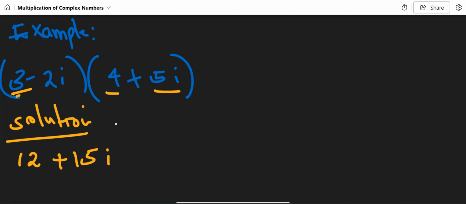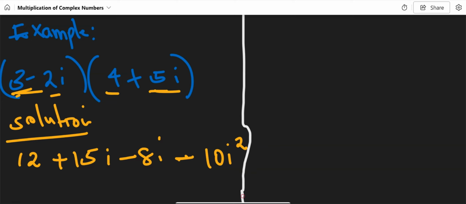Then minus 2 times 4, that is 8, so minus 8i. Then -2i times 5i, that is minus 10i squared.